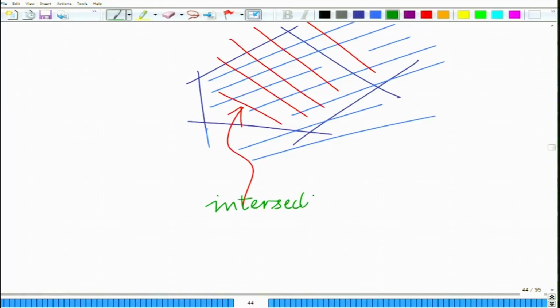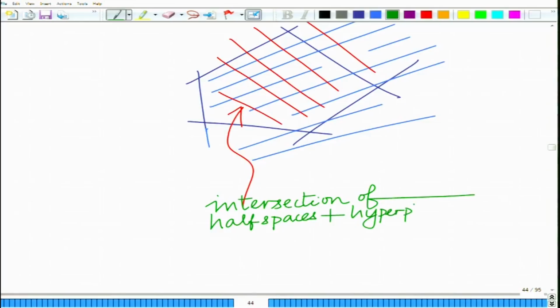You can also throw a hyperplane into that intersection of half spaces plus hyperplanes.